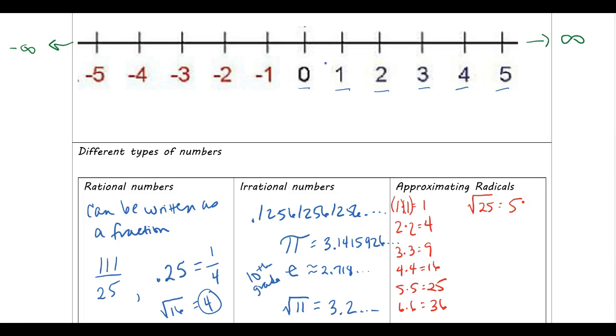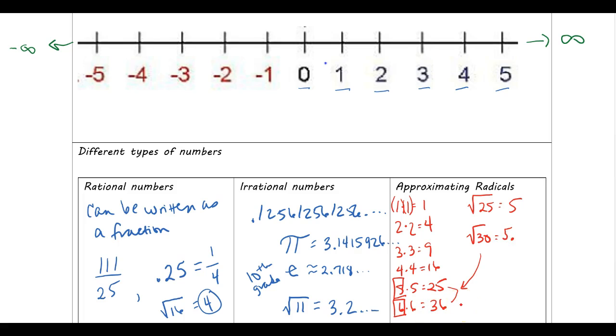But if somebody gave you the square root of 30, and 30 is not on our list right here, right? What you would look for is the fact that 30 is in between 25 and 36, which means the answer is going to be somewhere between these two numbers over here. So it's somewhere between 5 and 6. So it's like 5 point something.